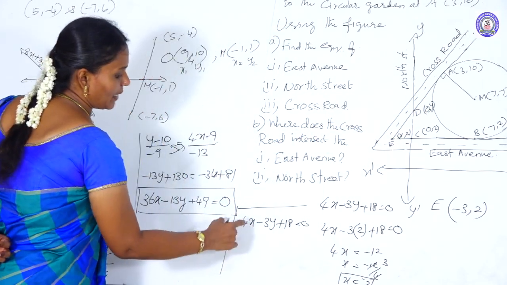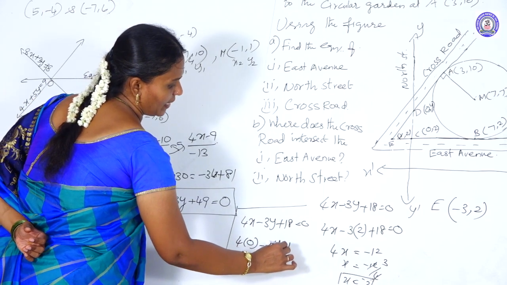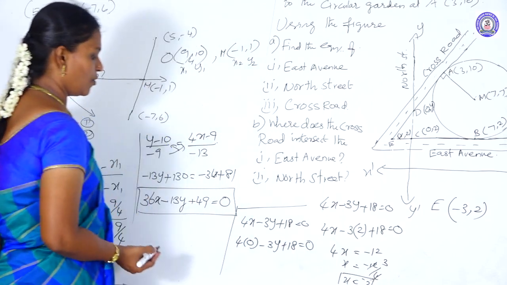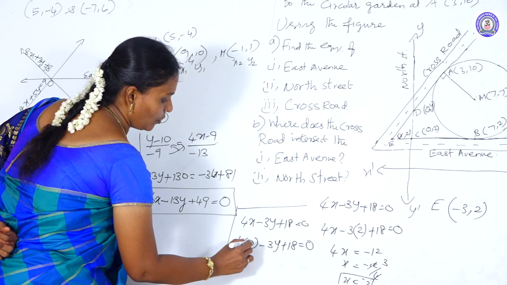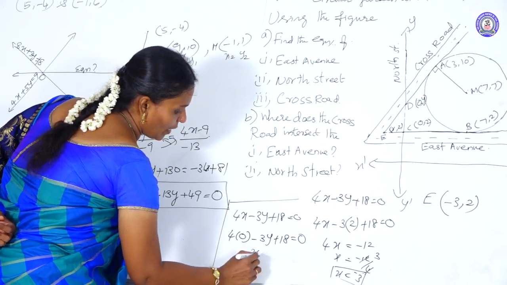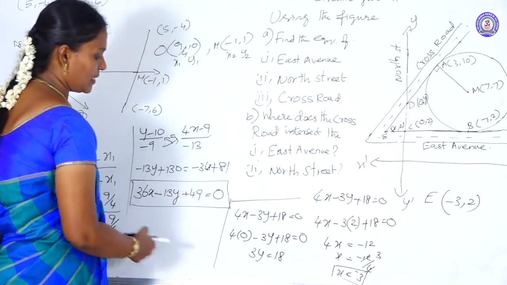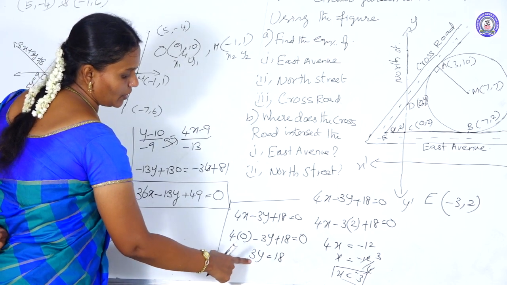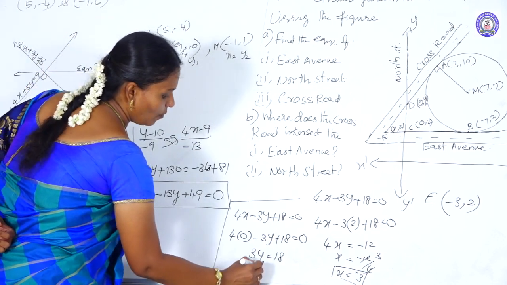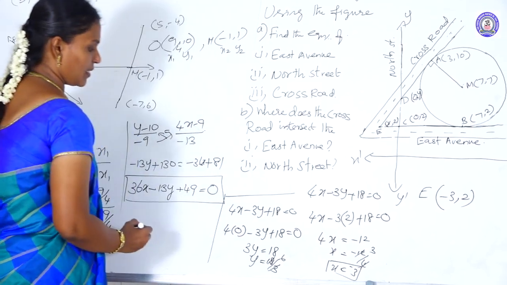So substitute x as 0: 4 of 0 minus 3y plus 18 is equal to 0. 4 times 0 is 0. So minus 3y plus 18 is equal to 0, so 3y is equal to 18. y is equal to 18 by 3, that is 6.